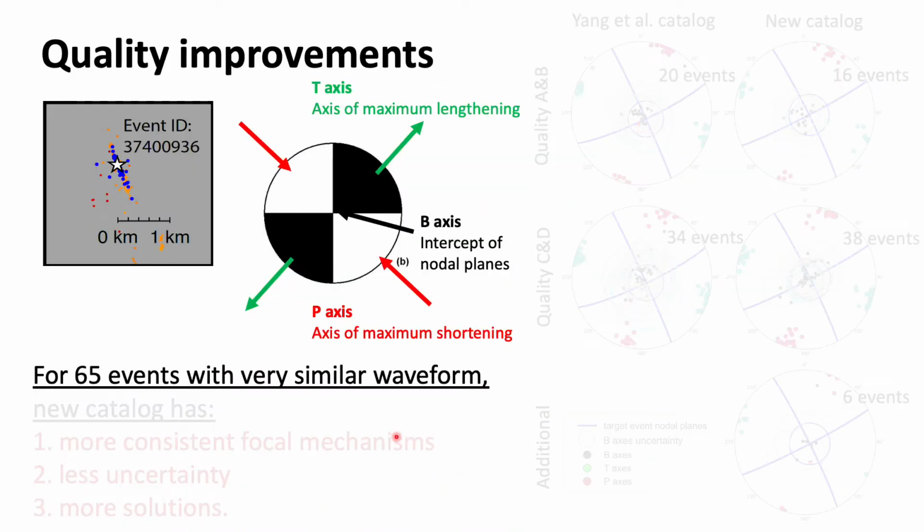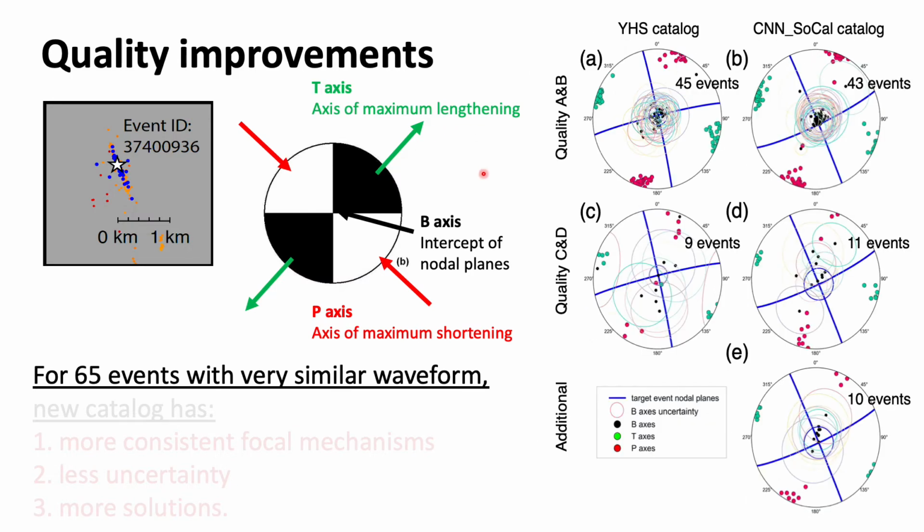Moreover, we checked the similarity of focal mechanisms of 65 events with very similar waveforms. To check the consistency, we plot the axis of maximum shortening, axis of maximum lengthening, and the intercepts of nodal planes of their focal mechanism solutions in the same figure. The first column shows the results from the standard catalog.